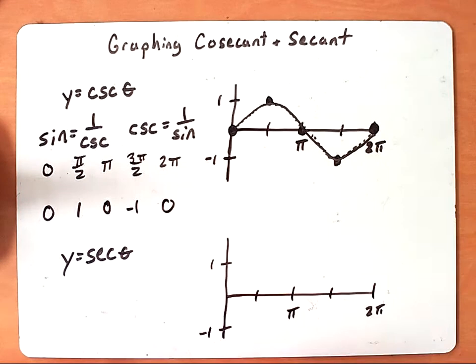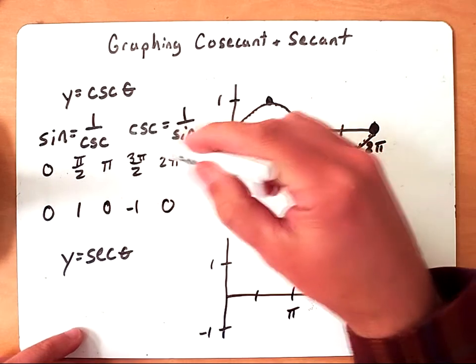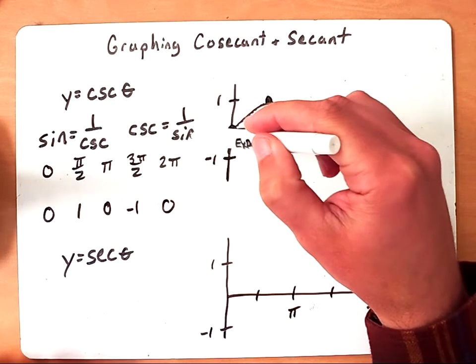Now, to graph my cosecant function, I know that all my values of cosecant will equal 1 over the sine function.